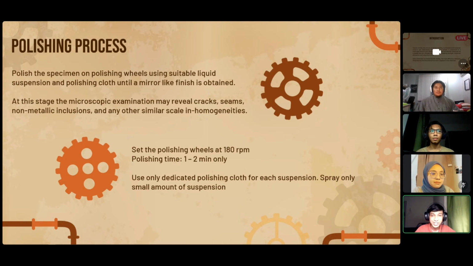Set the polishing wheels at 180 RPM. For the polishing time, 1 minute to 2 minutes only. Use only dedicated polishing cloths for each suspension. Spray only a small amount of suspension.